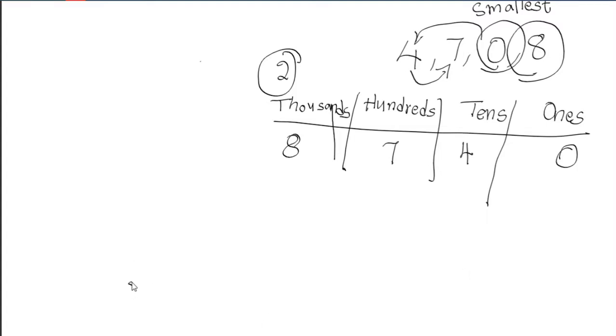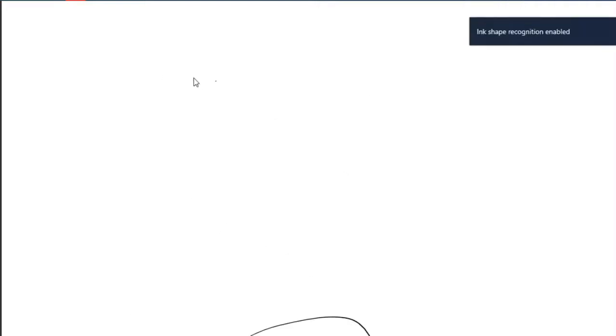So, third example. Okay children, move to the third example.